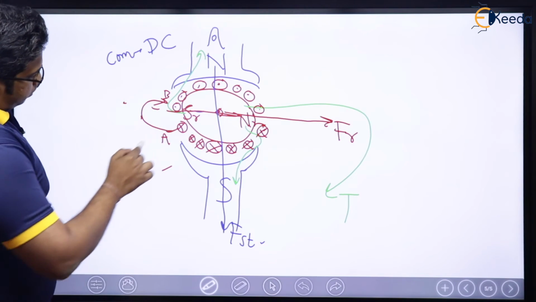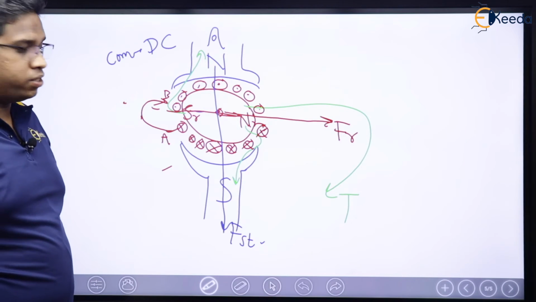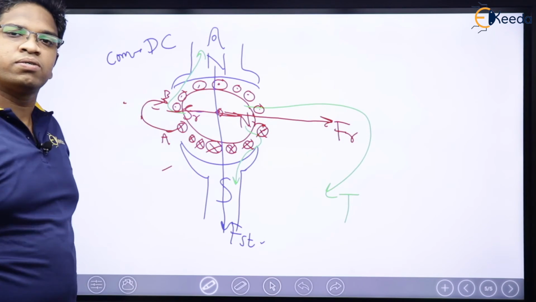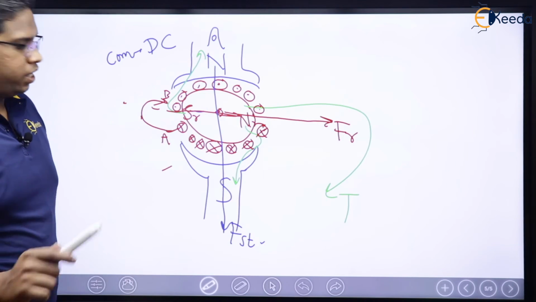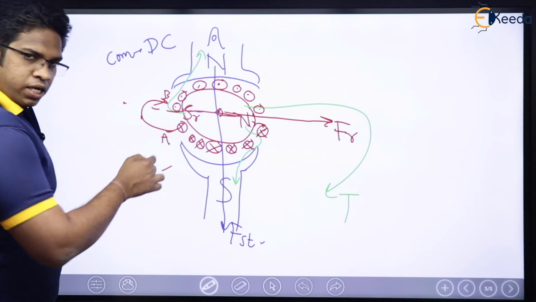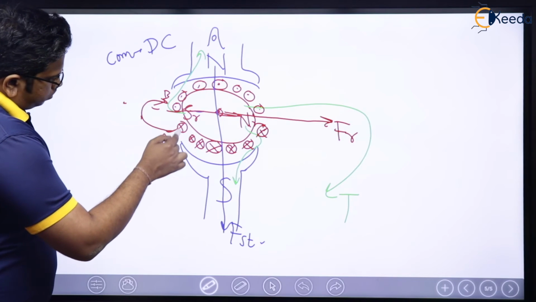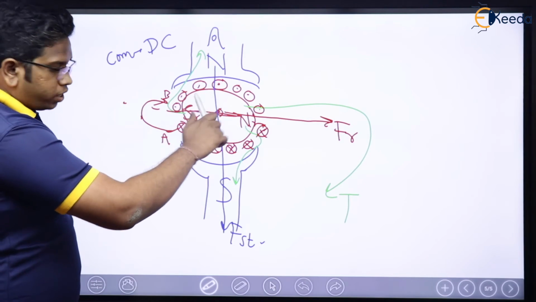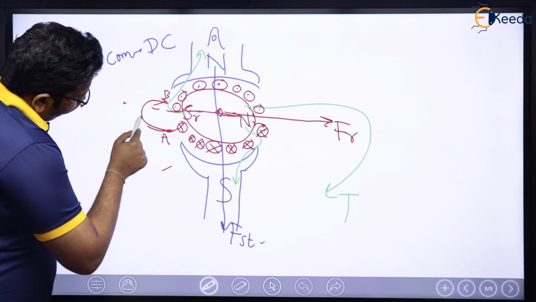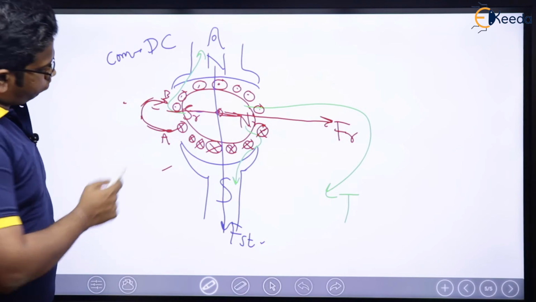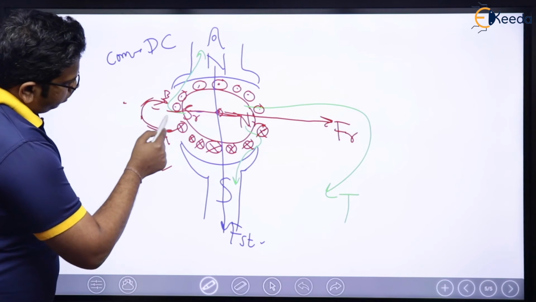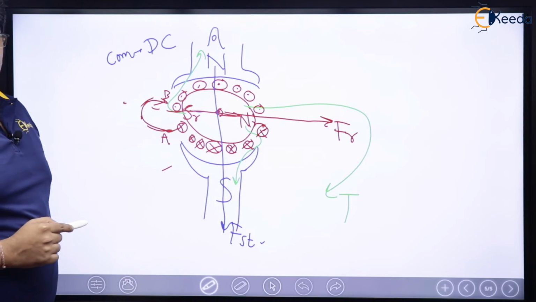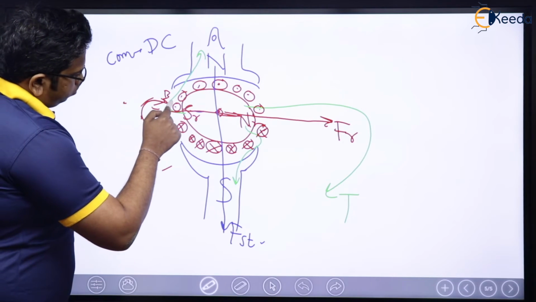Now, if this conductor was having cross currents, then when this conductor goes here, it will also have cross. Again, if this conductor A had cross, then after the rotation, A will move in the place of B. The moment A moves to the place of B, the current is going to be cross in the B position.